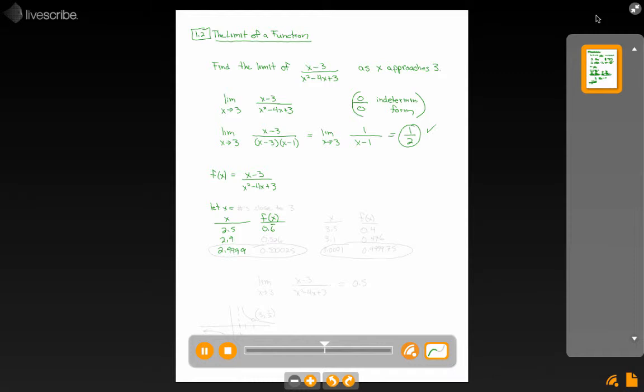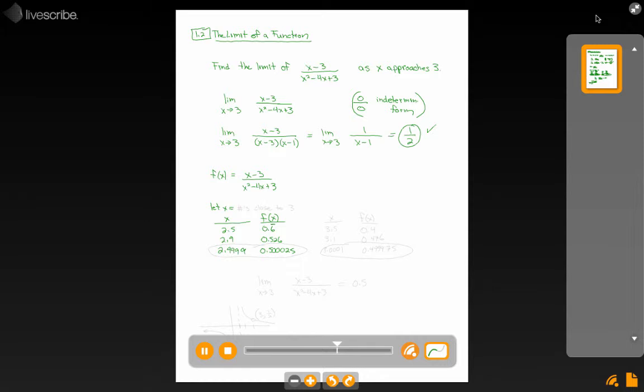If you put in 2.9, you get a smaller number, 0.526 something, more decimals. If you put in 2.9999, which, if I was trying to graph this, I can't even tell the difference between 2.9999 and 3, I get an answer that is just 0.500025.